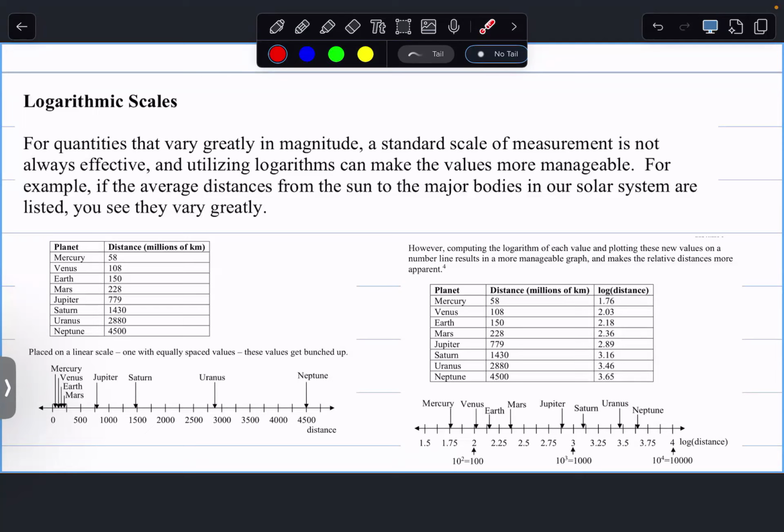The reason we use logarithmic scales is to straighten out bunched together values.